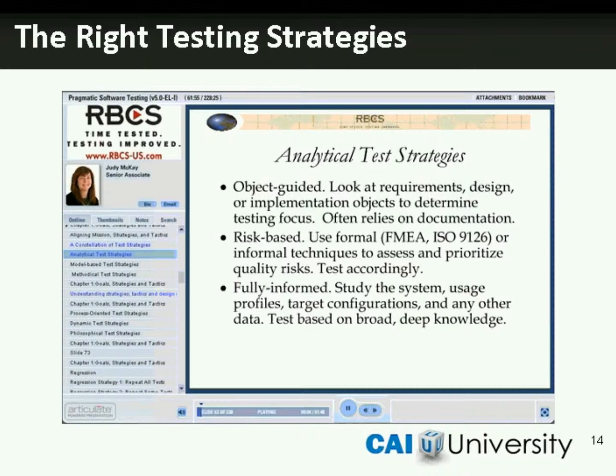one of the things that I think we need to do as testers is make sure that we're pointed in the right direction.